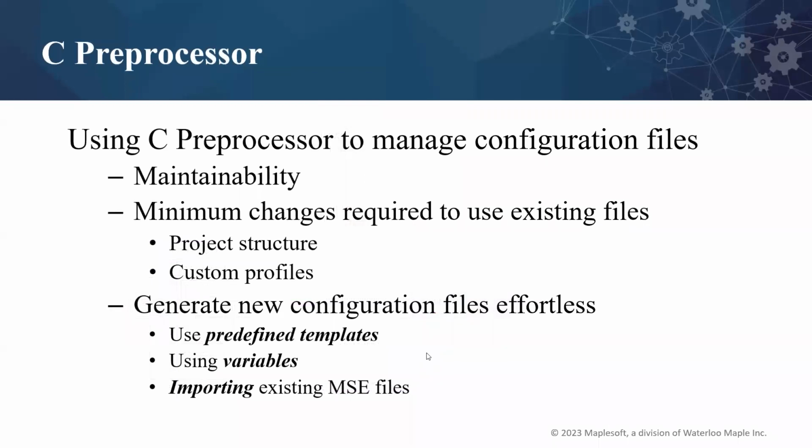The other advantage that we also get with this is defining variables. So if you are using a custom profile across different projects, for example, let's say I have defined a hierarchy in which, up to level 3, I get information about components on a certain project. And then I want to use the same configuration file for a different project.